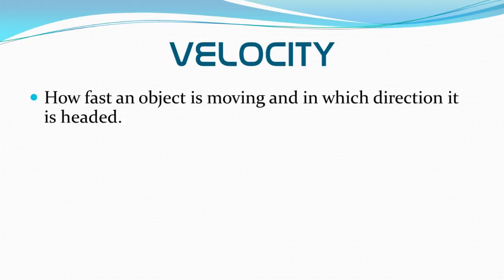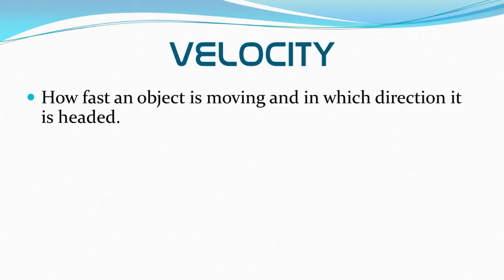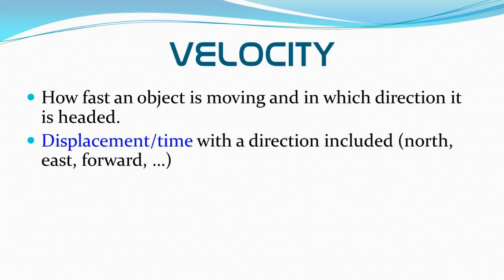Speed is related to distance, velocity is related to displacement. Velocity isn't just how fast an object is moving, it's also which direction it's headed. So when we calculate velocity, we have to take displacement over time, with a direction included. This could be north, east, forward, up, down.